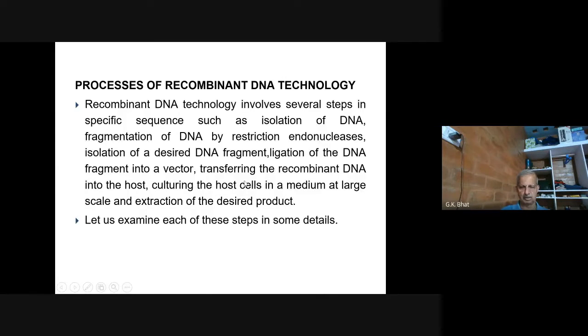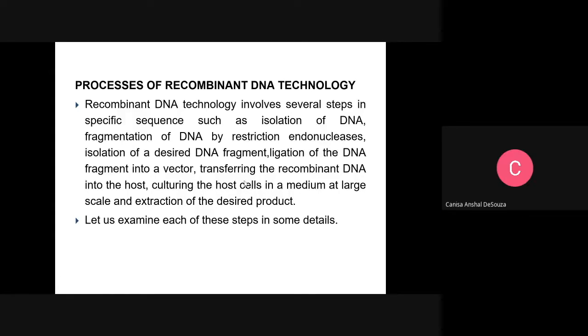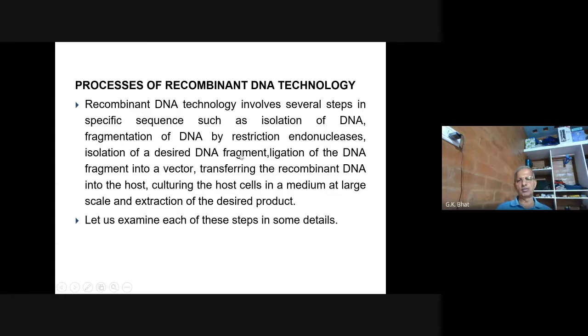This one paragraph will tell you all the steps required in recombinant DNA technology. Am I right? Kanisa? Yes, sir. All these we have seen.